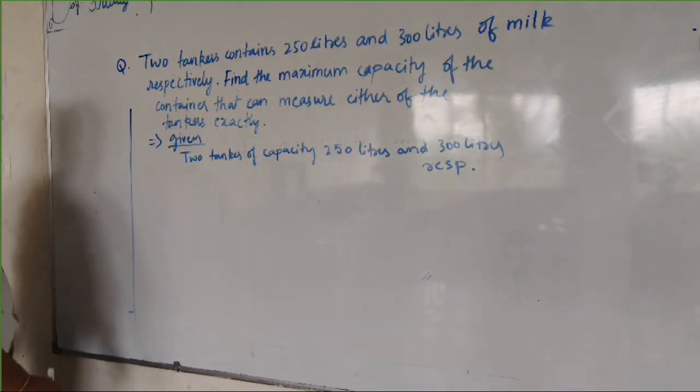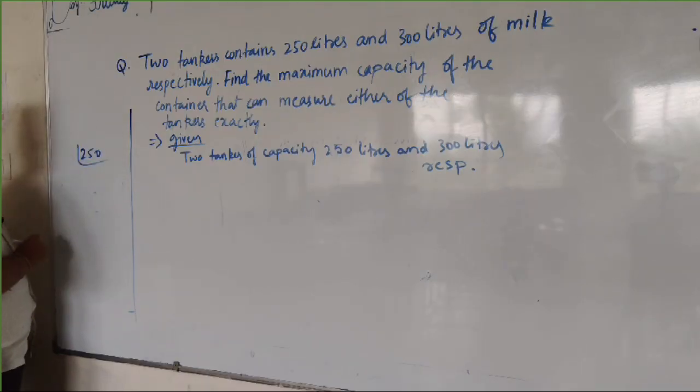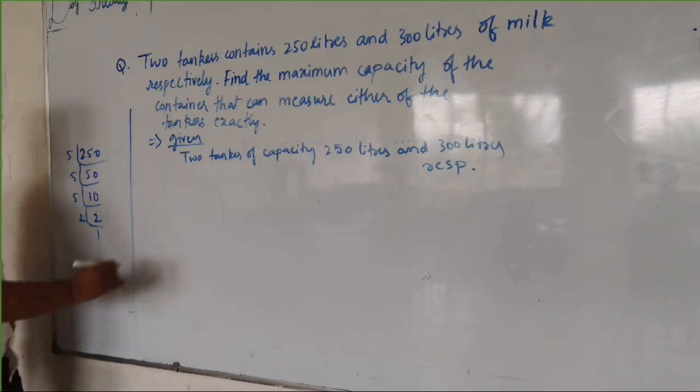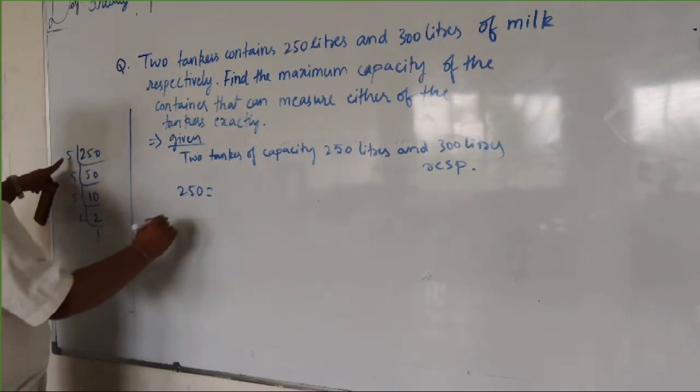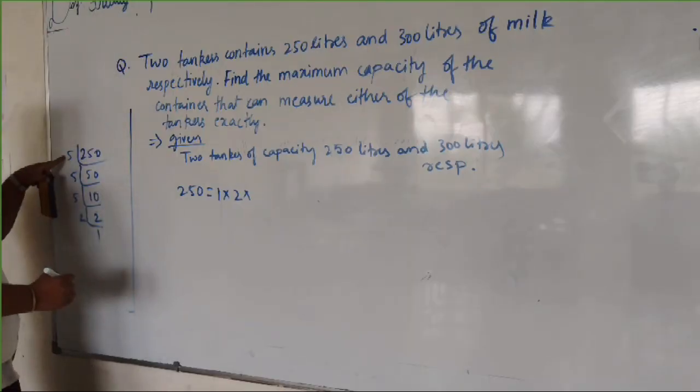Before finding the HCF, we need to find the prime factorization of these numbers. So let us prime factorize 250. 250 can be written as 5 50s are 250, 5 10s are 50, 5 2s are 10, 2 1s are 2. So 250 can be written as 1 into 2 into 5 into 5 into 5.